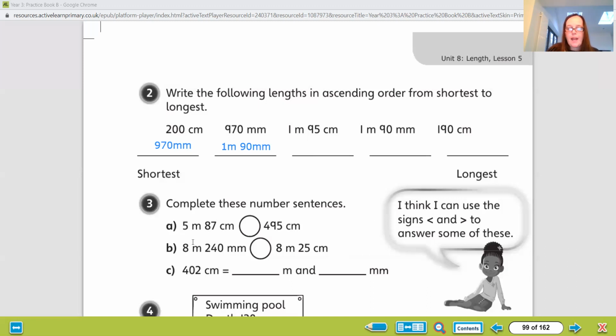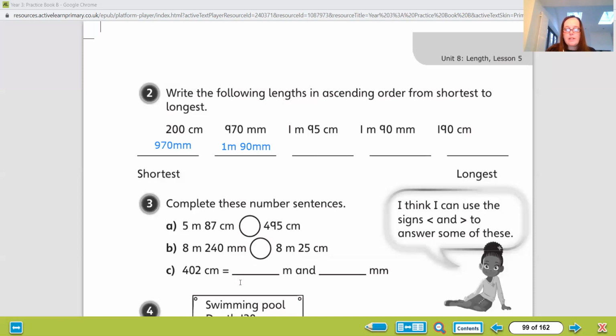Okay, B. 8 metres 240 millimetres, 8 metres 25 centimetres. 240 millimetres is 24 centimetres. Does that help you make the right choice with the sign? Okay, and 402 centimetres is however many metres and millimetres.